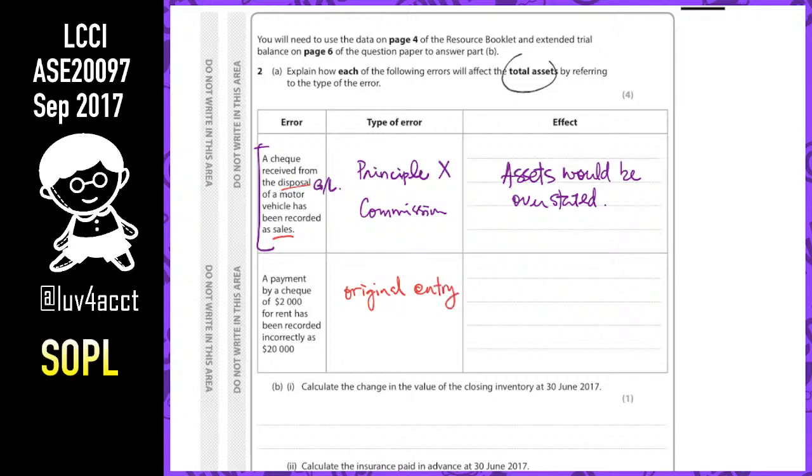If that is so, with a payment, assets would be understated as well. Yes.